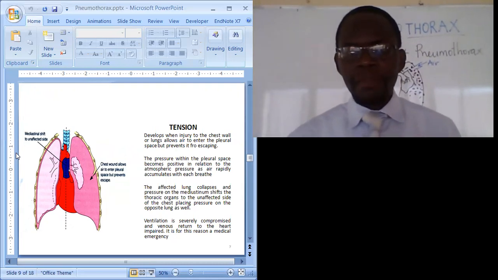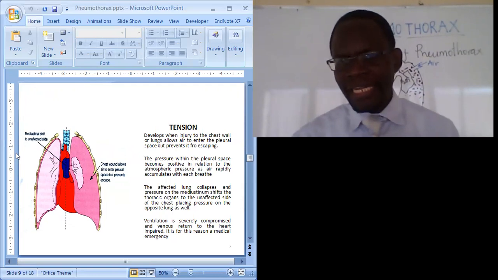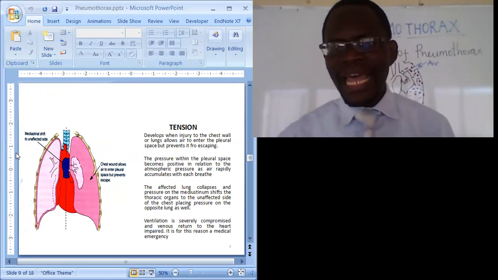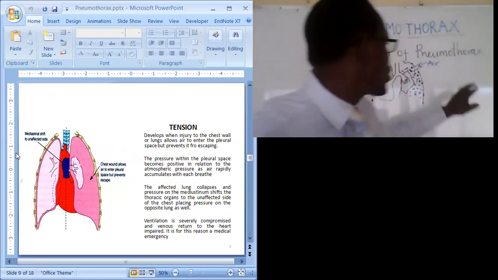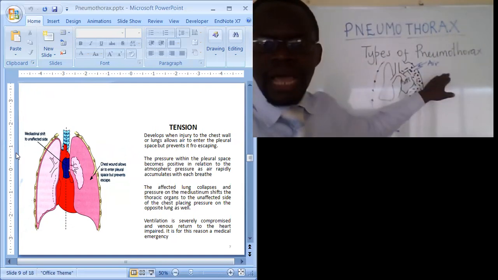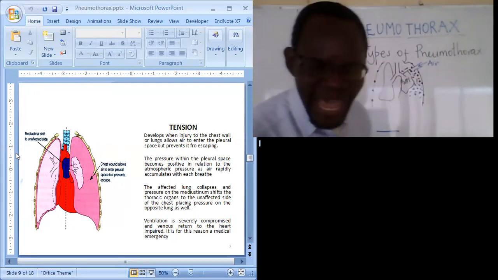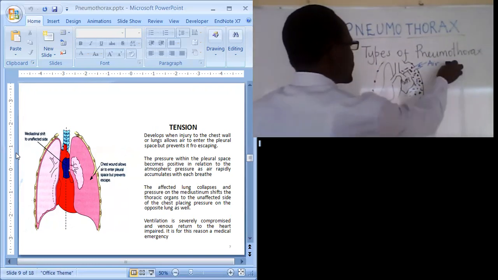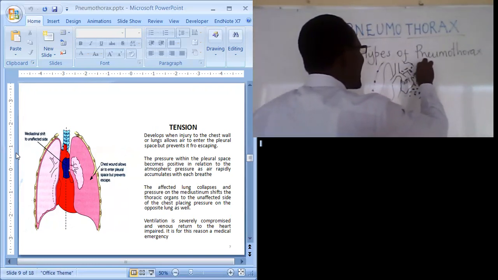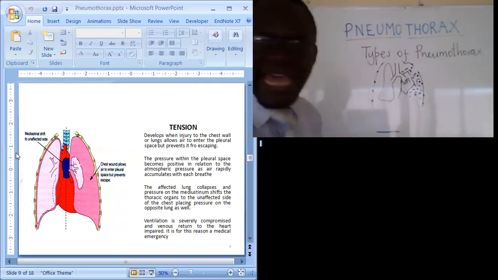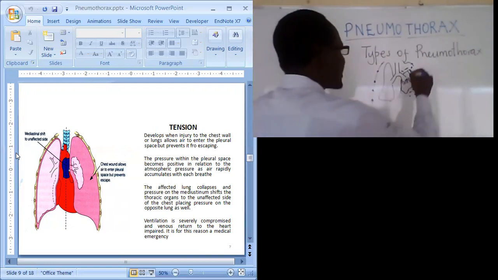However, the point where air enters acts like a kind of valve. It's not open like you see here. The point where air enters acts like a valve.